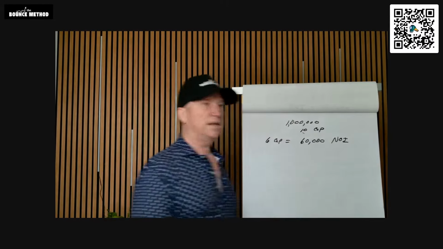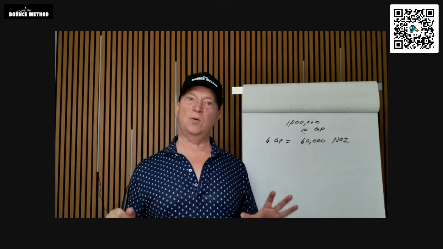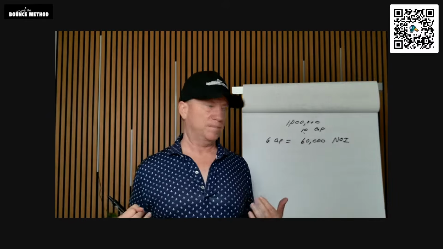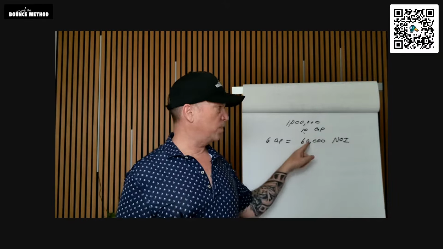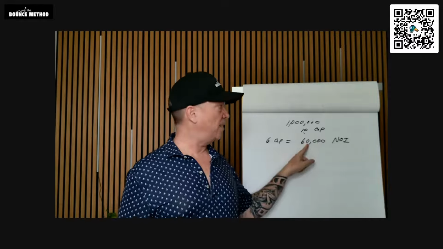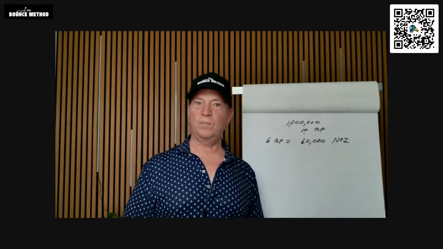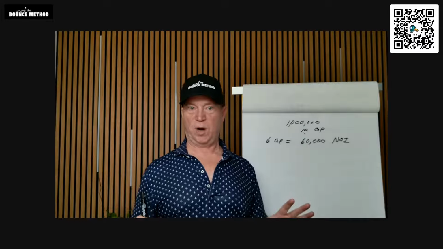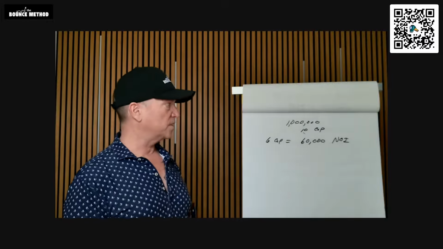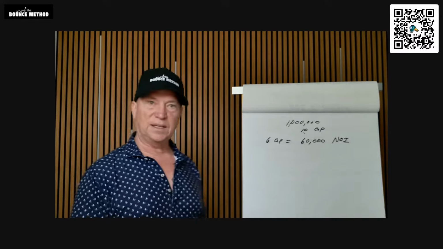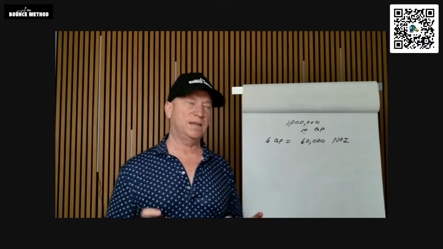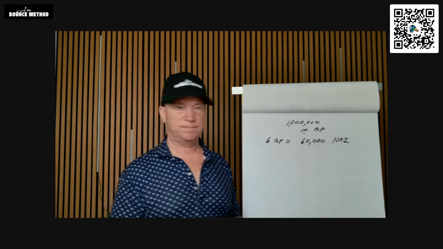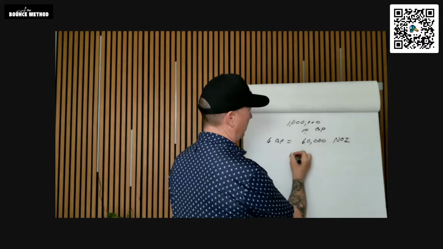Now, keeping it in the world of a 6 cap, we said a $60,000 NOI at a 6 cap is going to take us to a $1 million purchase price. All right, now let's go a little further with this. Let's say that when we purchase this property, we have 10 units.